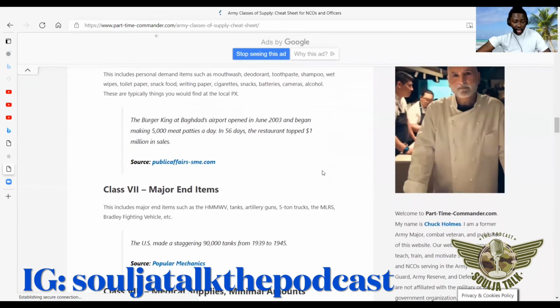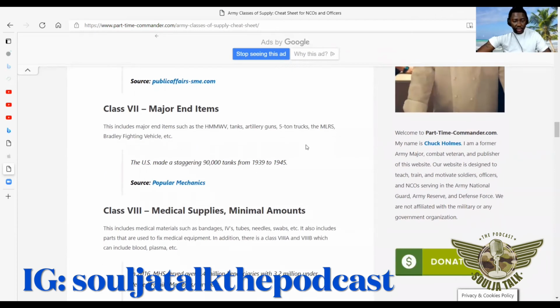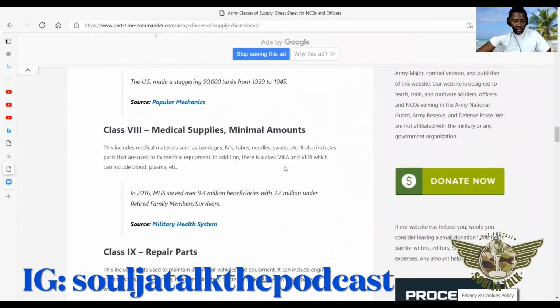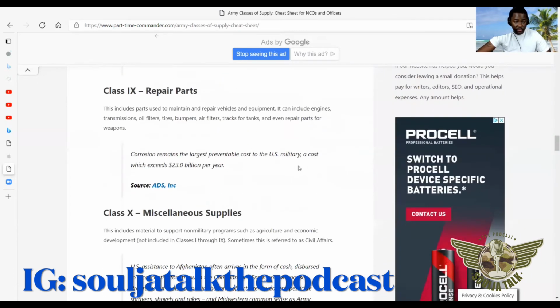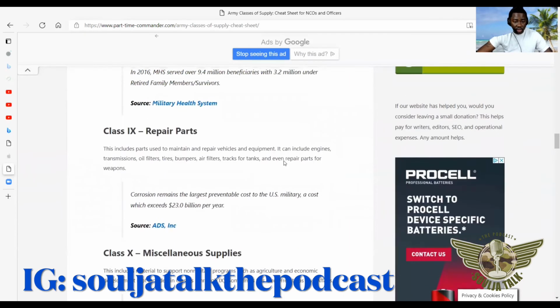So it's a lot of people like 68 Sierras, medical logistics personnel. They deal with a lot of that type of stuff. That's interesting to me to know, because I was thinking we were the only supply people that handle stuff like that. But no, it's medical logistics personnel as well. So we were on class 8.